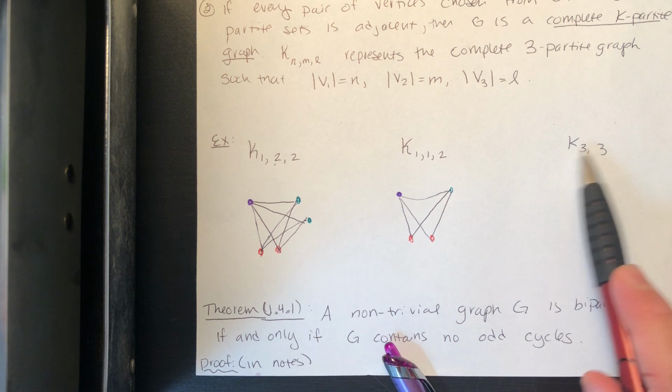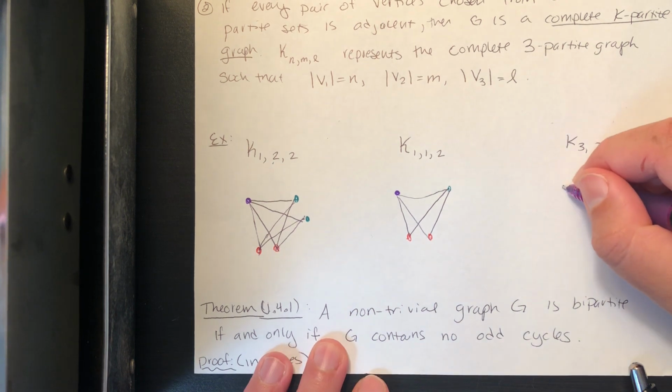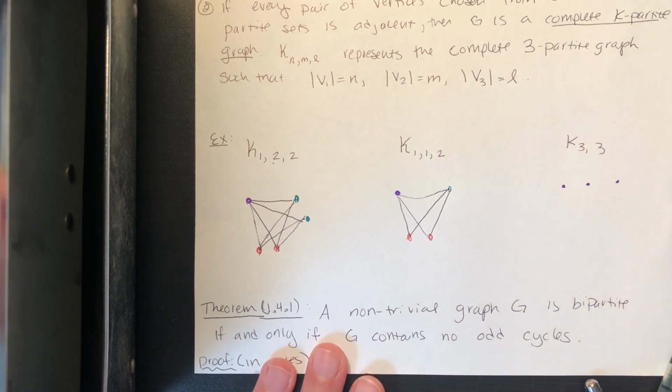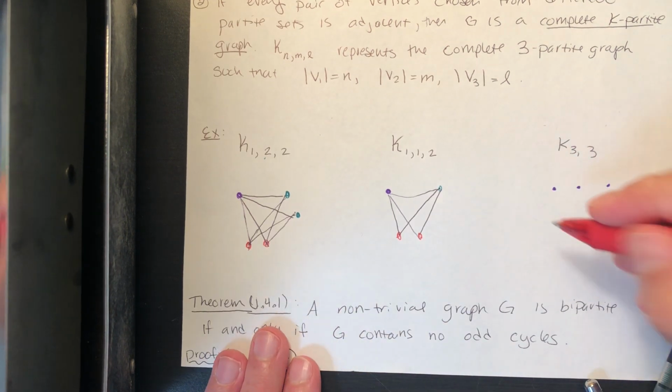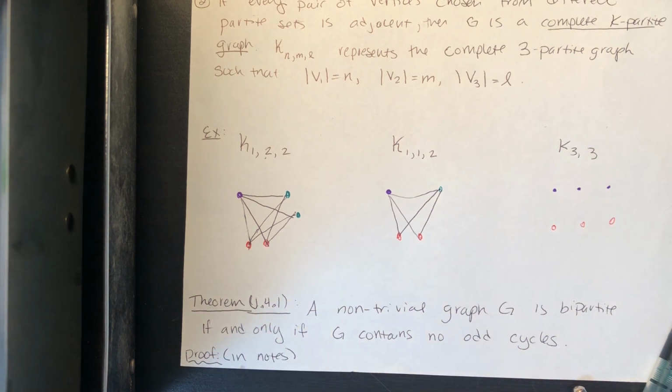And finally, K3,3, the complete bipartite graph that has 3 vertices in the first partite set and 3 vertices in the second partite set. And the K part means I have to connect every possible edge between a purple vertex and a red vertex.